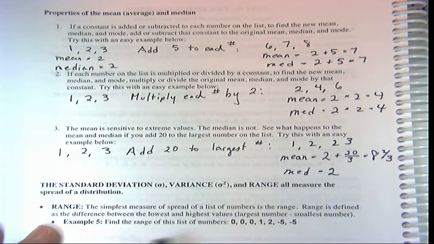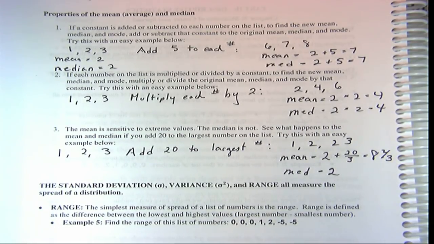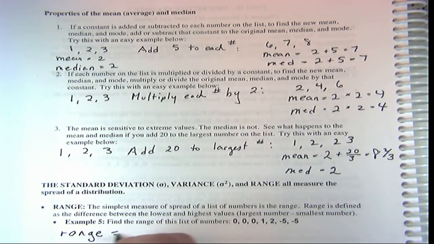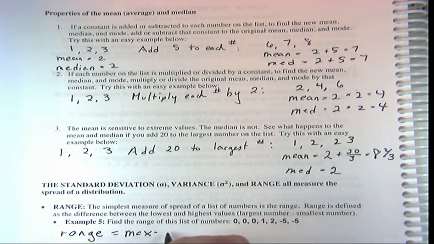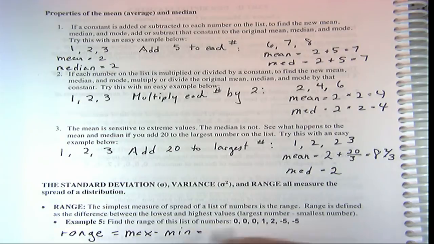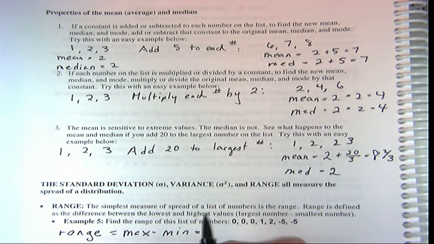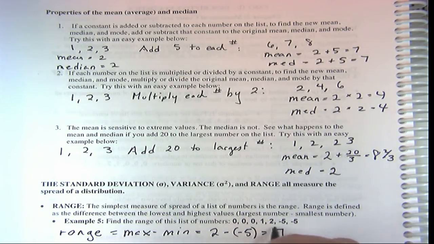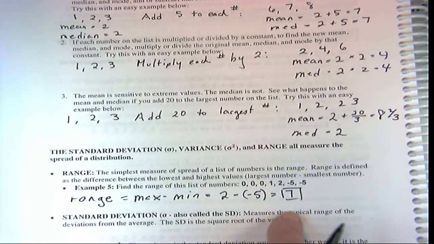So it's just the maximum number minus the minimum number. It's just your max minus your min. In this case, the maximum is 2 and the minimum is -5, so it's just 7.